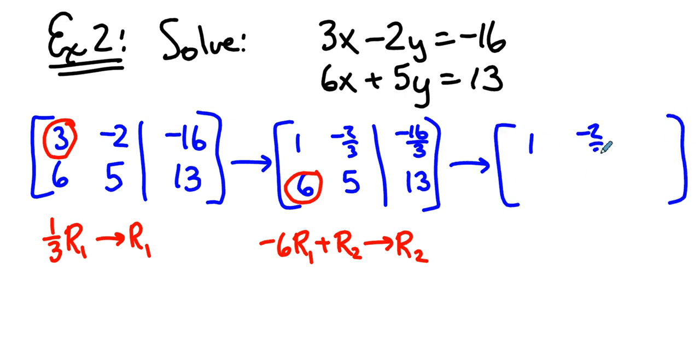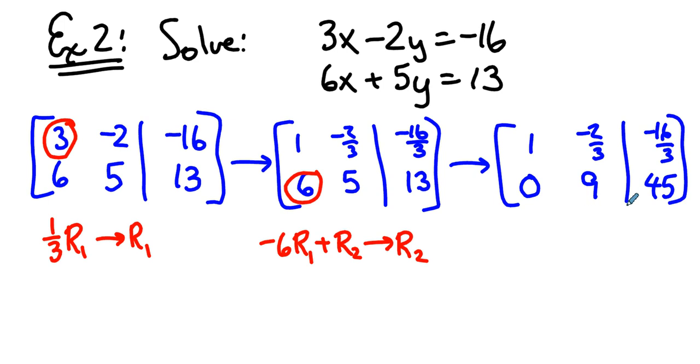Row 1 stays the same. And what's row 2? -6 plus 6 is 0. 12/3 is 4 plus 5 is 9. And 32 plus 13 is 45.